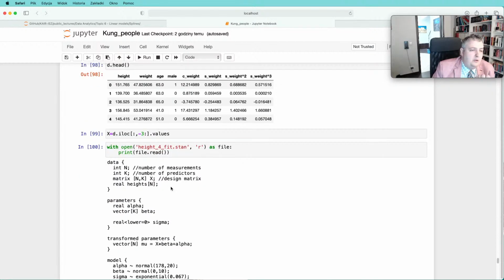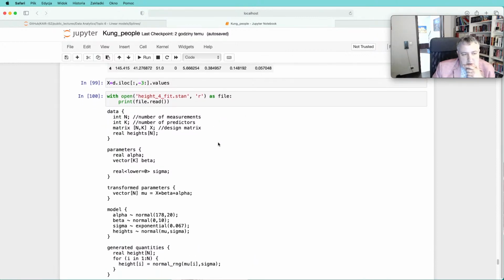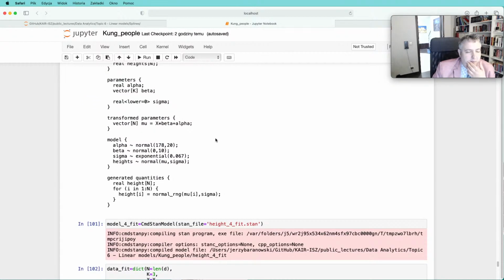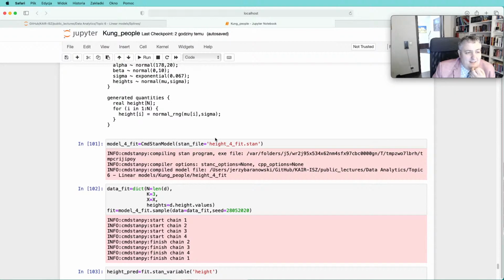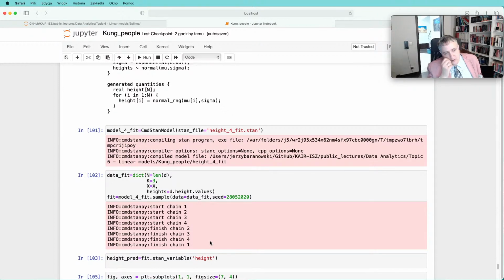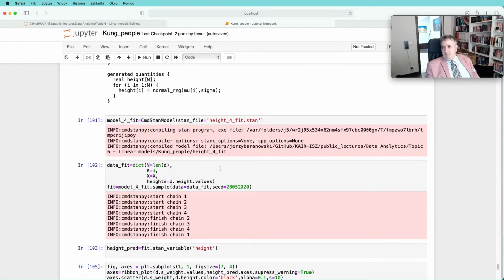So we are providing it with our design matrix with 3 predictors, the first, second, and third power of weight, which will fit in our model again with the same priors, without much issue, and we sample from it directly using Stan, assuming again that we have 3 predictors, using the same spread of values of weights as previously.